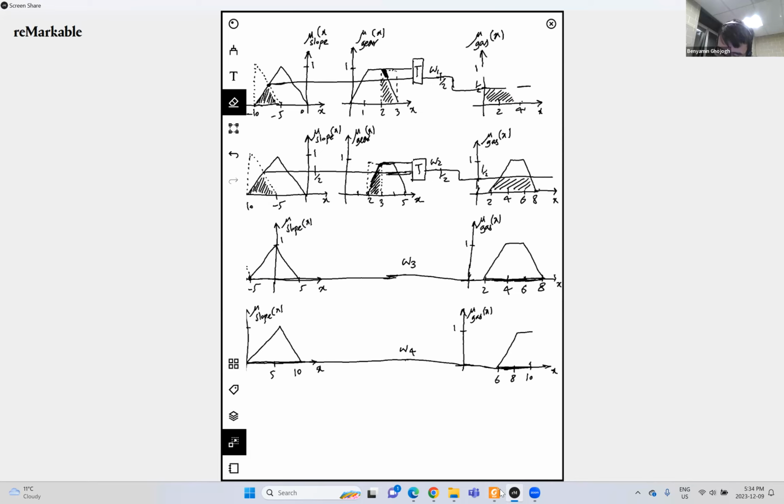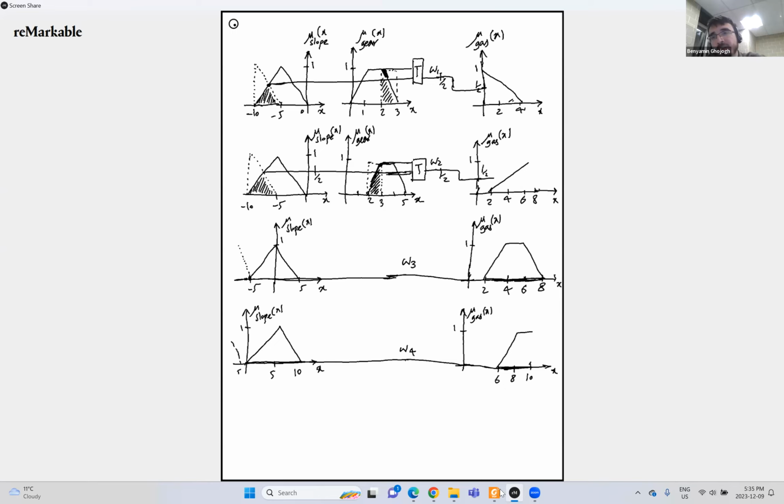Let me think. Assume, I don't know, it is like this, a line. And also assume it's like a line or a curve.